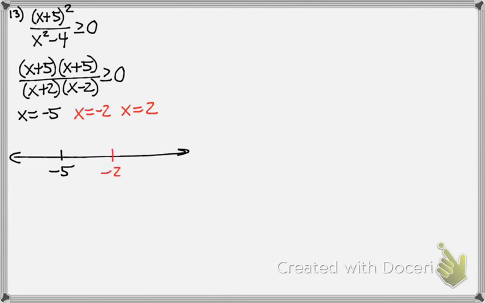and -2 and +2. So then if you pick test points like -6, -3, 0, and +3, you will get these signs: plus, plus, minus, and plus. And we have to decide which regions we want to include.